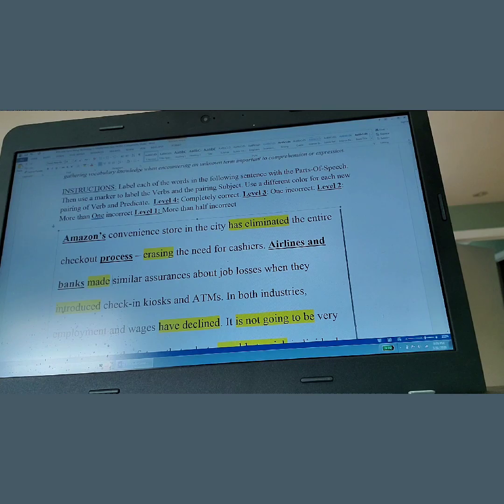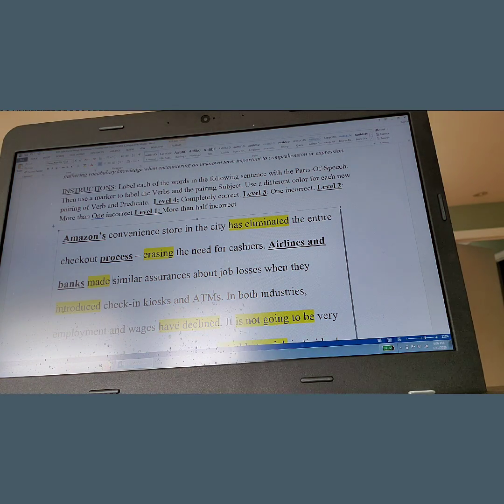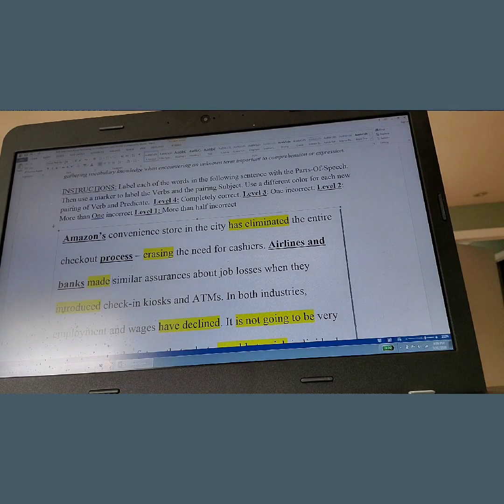So airlines and banks made something. Let's see if I can beat both hands for this. So airlines and banks made something, right? Now, assurances, right?